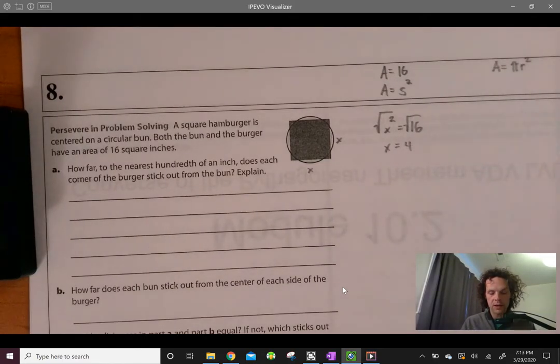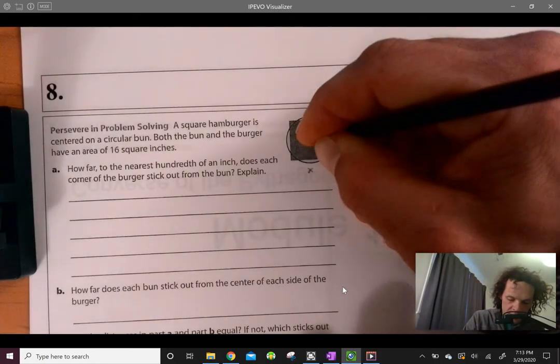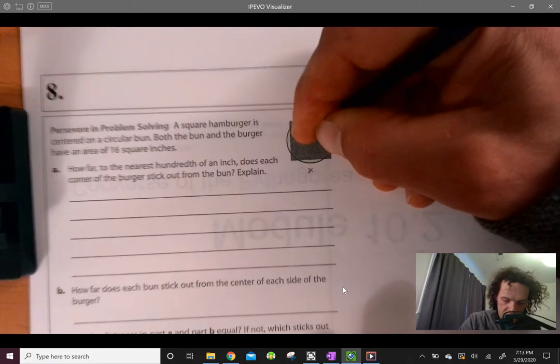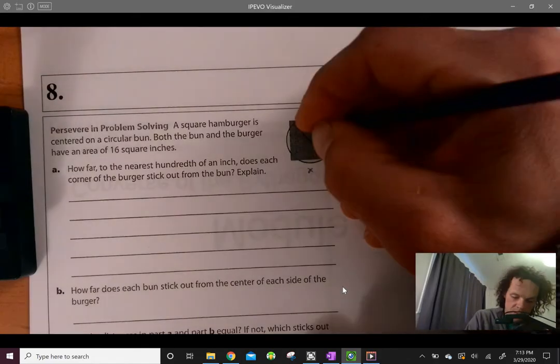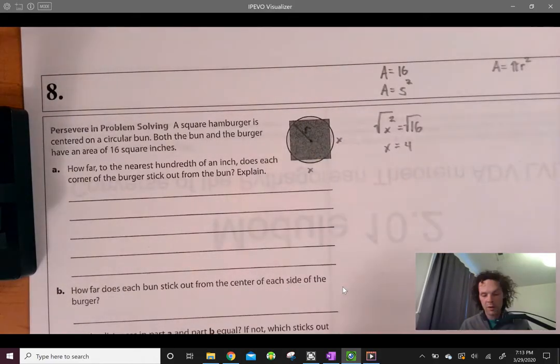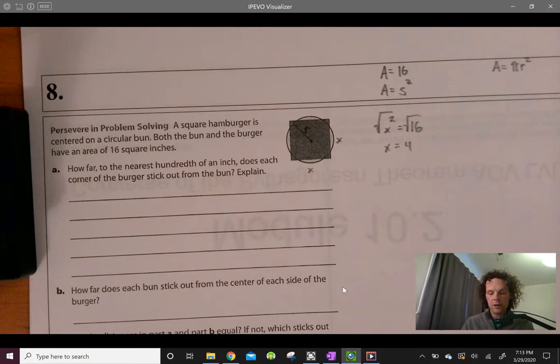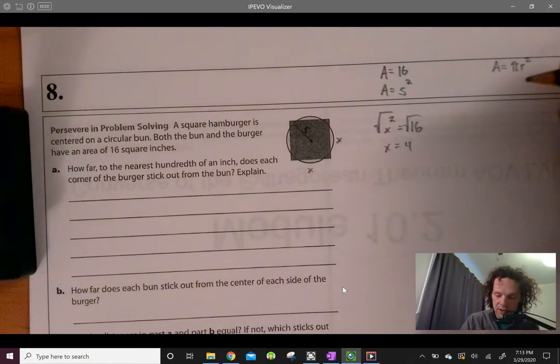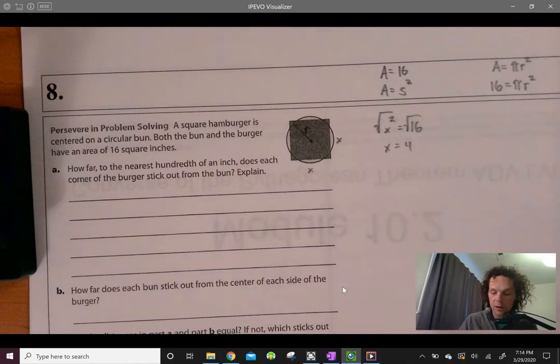Now the radius is from the center to the edge. Right, so that's from here to there. That's the radius. Right, and I want to find that. I know the area is 16. I know a equals 16. So 16 equals pi times the radius squared.